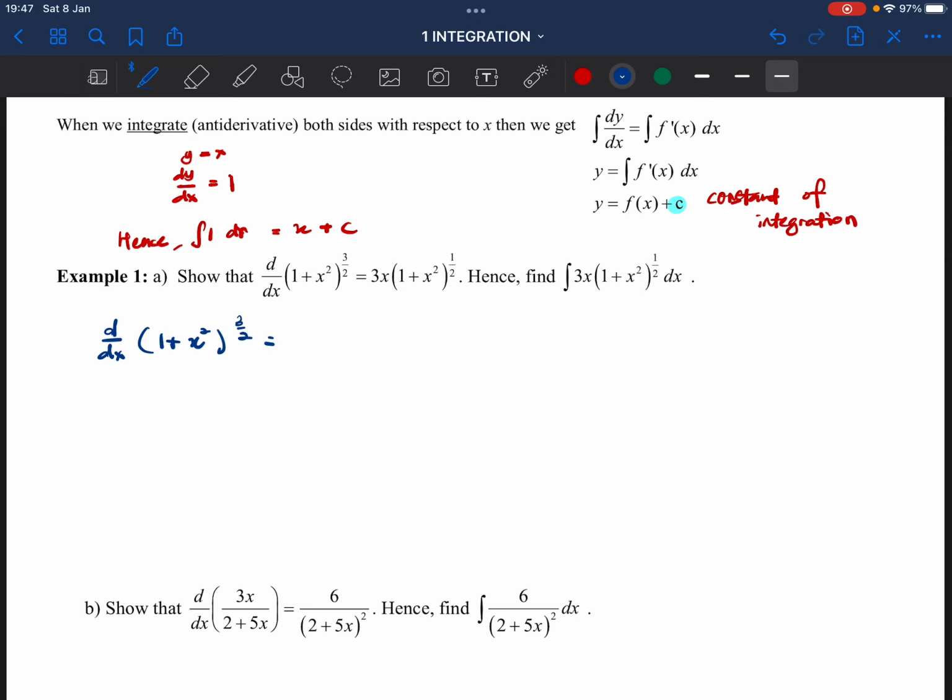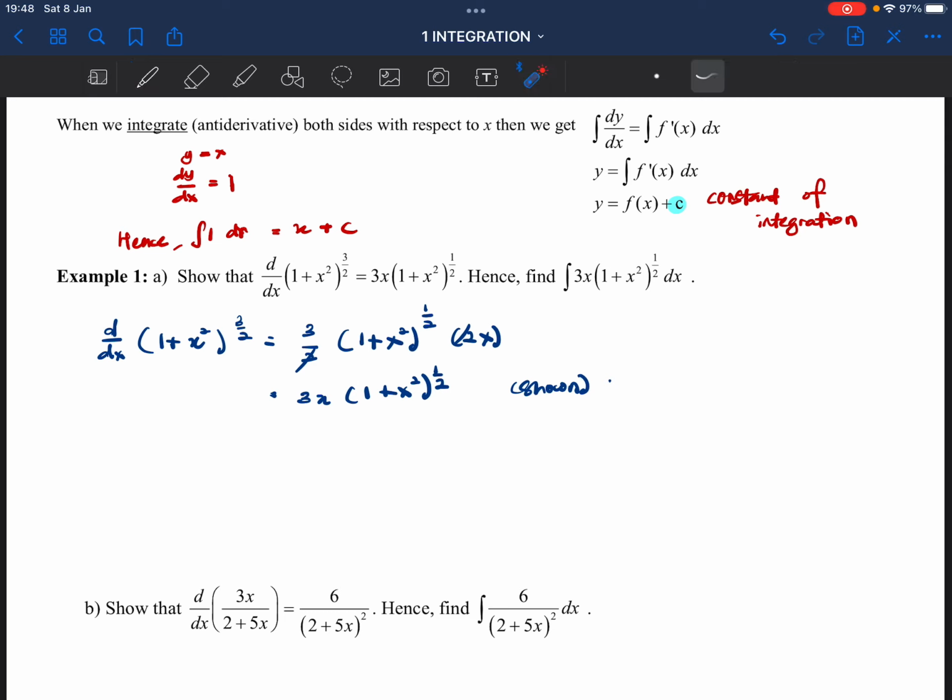Ingat 4 steps: power pindah depan, salin balik, power tolak dengan 1, that will get you 1 over 2, differentiate dalam. Differentiate the inside, we get 2x. Simplify, this one cancels, and we have 3x, 1 plus x squared power 1 over 2. So this is shown.